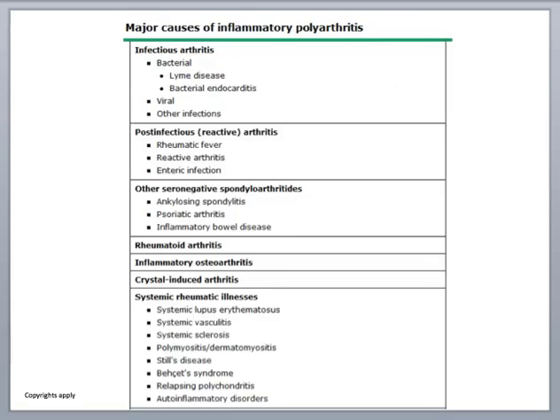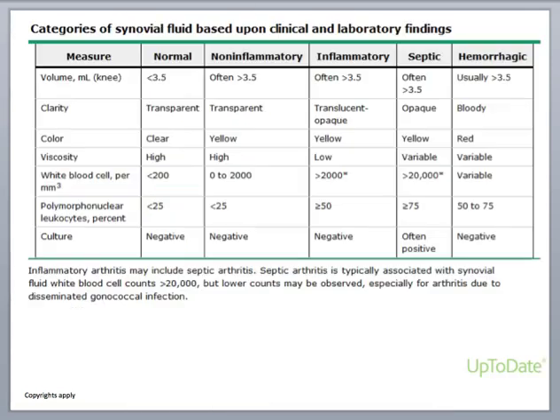This slide outlines the major causes of inflammatory polyarthritis, or arthritis involving multiple joints. And finally, this is a nice table that outlines some of the things that can be used in synovial fluid examination to identify one of the broad categories of arthritis.